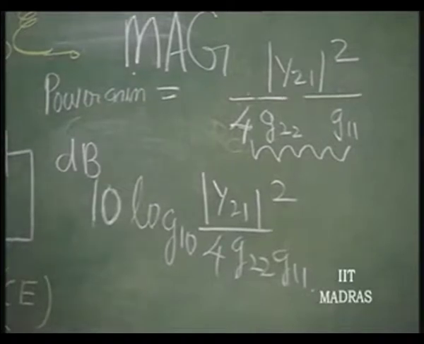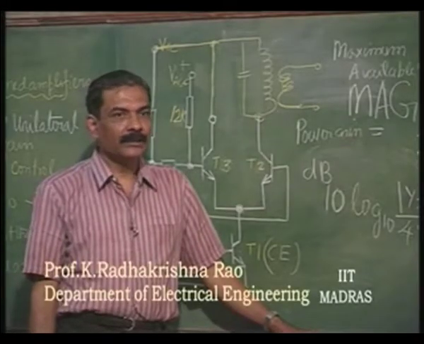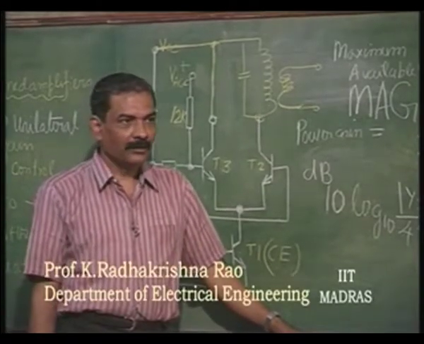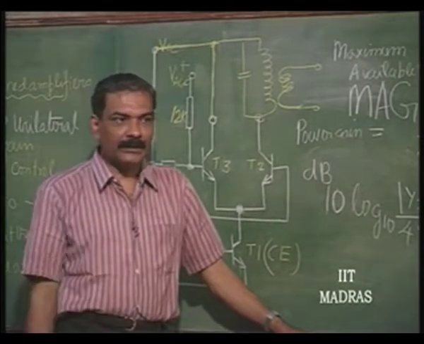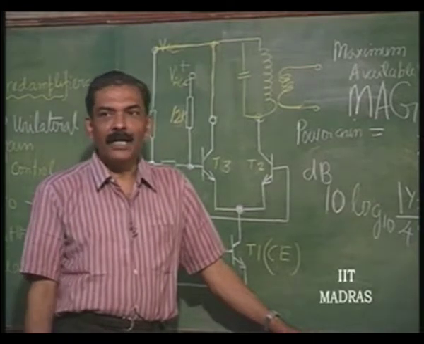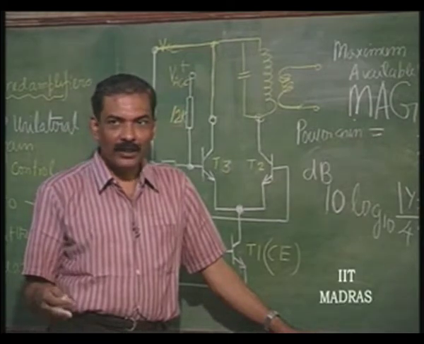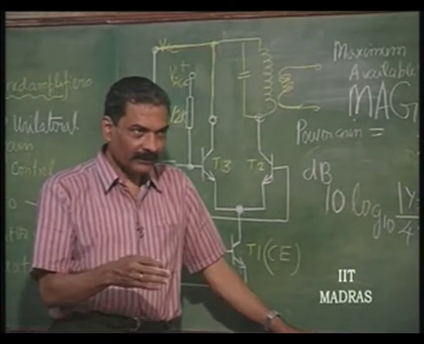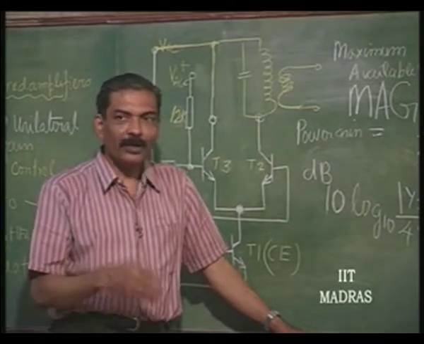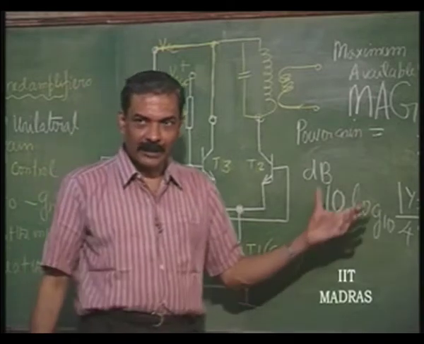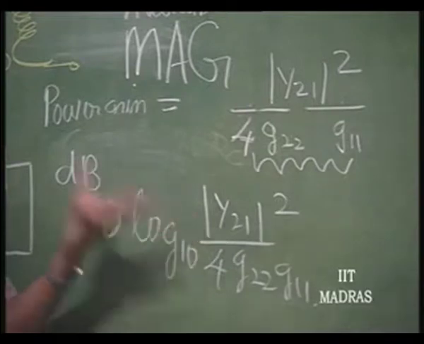And suppose, let us say, you are asked to design an IF strip whose gain is 30 decibels, and you know that you have a device whose MAG is 20 decibels, then you know that you have to use more than one stage in order to get a gain of 30 decibels for this IF strip, right. You have to use more than one stage, because the single stage active device which you are using, this cascode device, is giving you only 20 decibels.